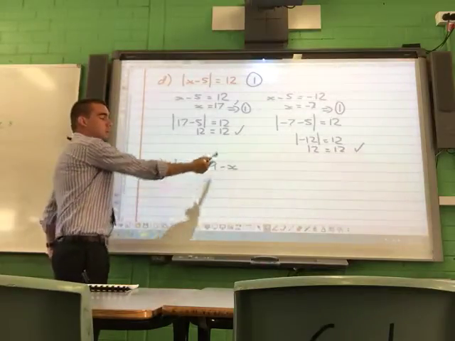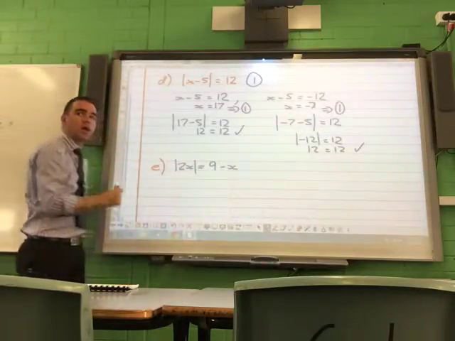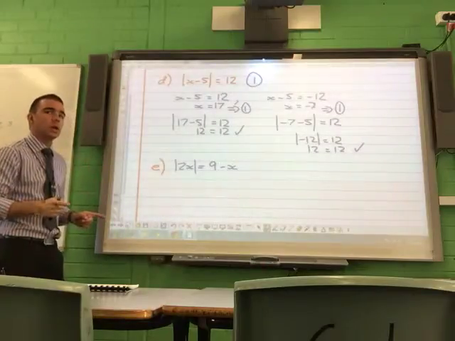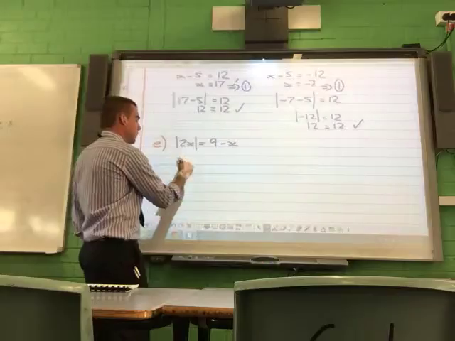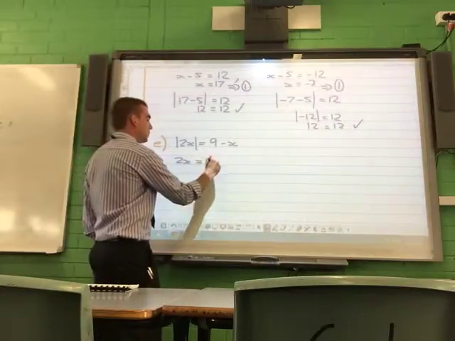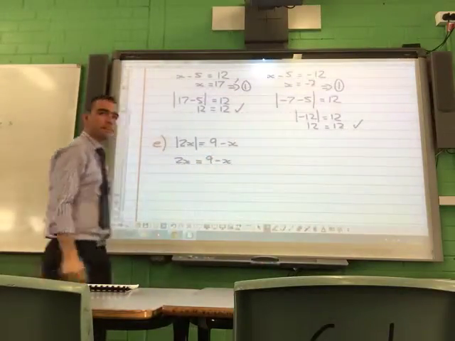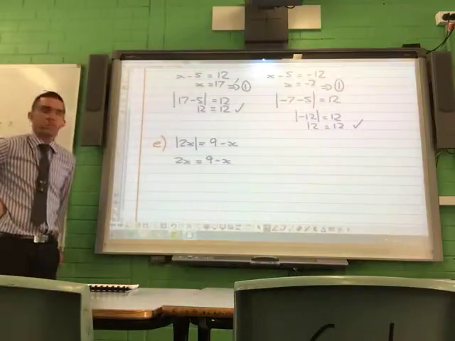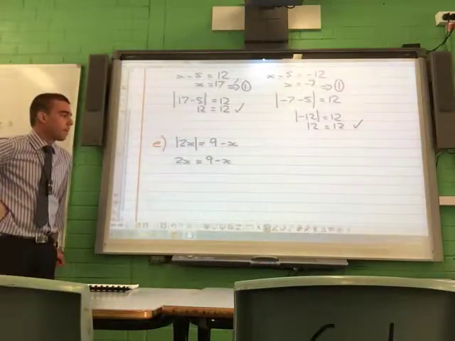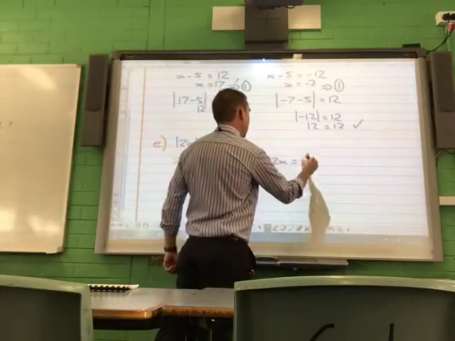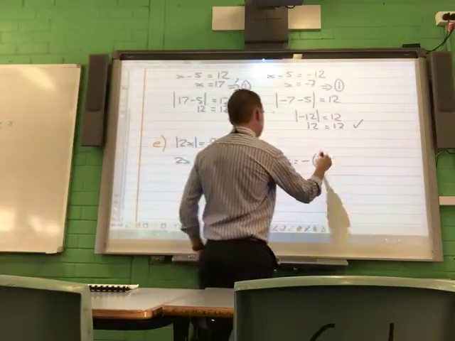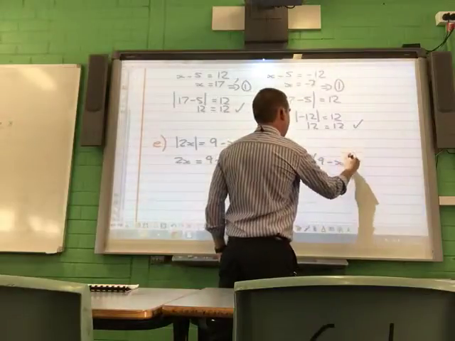You also need to consider what happens inside this sign, the absolute value sign is negative. Okay? So the way to do that, we set up two equations. So 2x equals 9 take away x. And we also need to consider 2x is equal to negative 9 take away x.